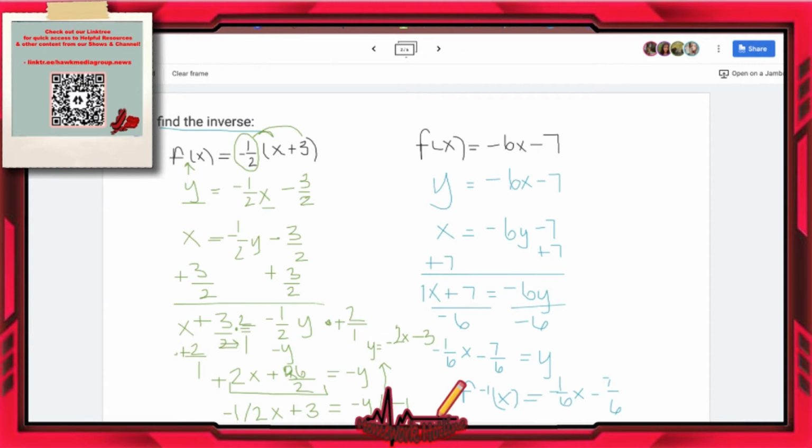So your final inverse function for this would be y equals negative 2x minus 3. But again, you wouldn't write it like that. Instead of writing the y, you would write this over here. But for space purposes, I'm not going to write that out. It's just going to be f of negative 1x equals negative 2x minus 3. And those are the 2 questions that I had.